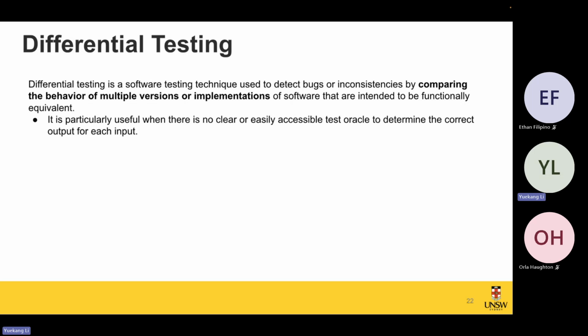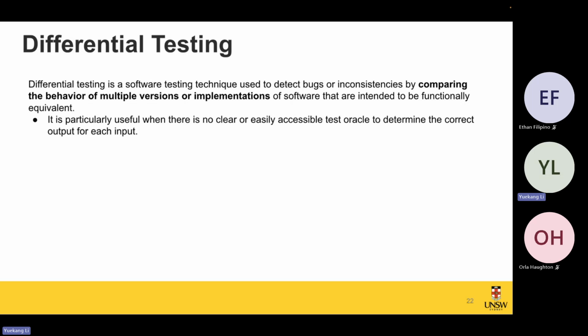So for example, if we are trying to test the behavior of a PDF parser, what can we do? What we can do is get another PDF parser and execute both our target PDF parser and the other PDF parser together with the same PDF file and see if they can give us the same result or not.